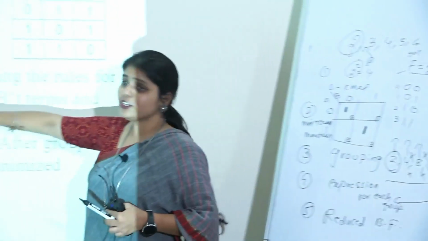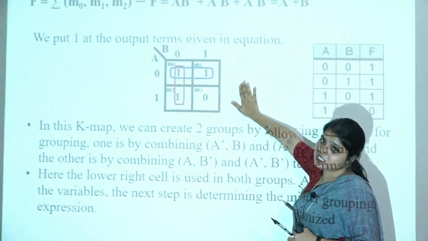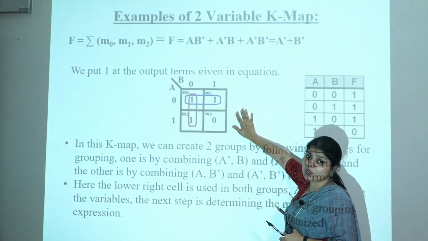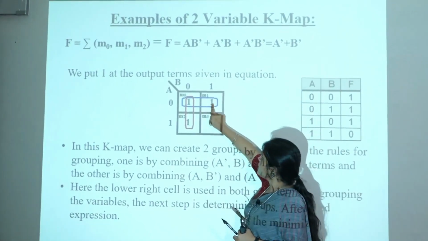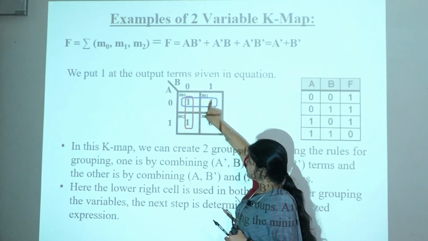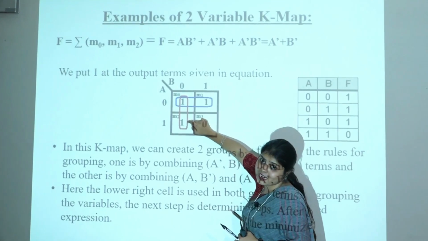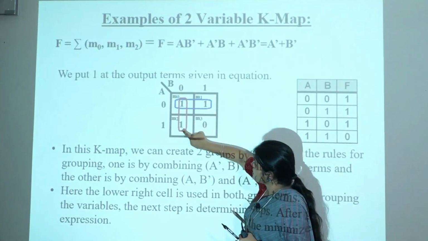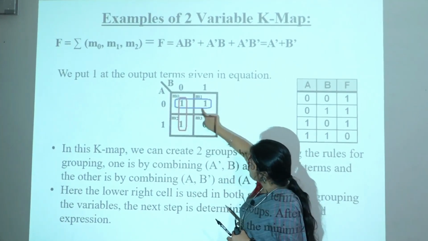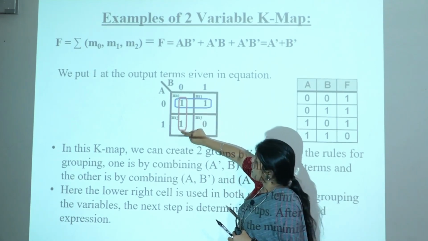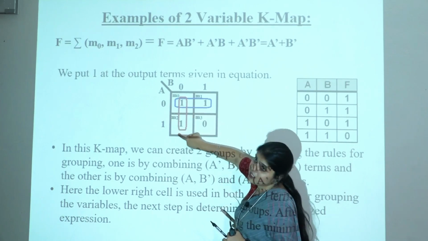Now when you look into this, I don't have 16 or 8 or 4. I have only 2 grouping combinations. So first I'll group this with this. This is one grouping, and next I have one more one here, right? I can't leave it like that. So once I am done with this blue grouping, when I have this one left out, I will group this with this particular cell.